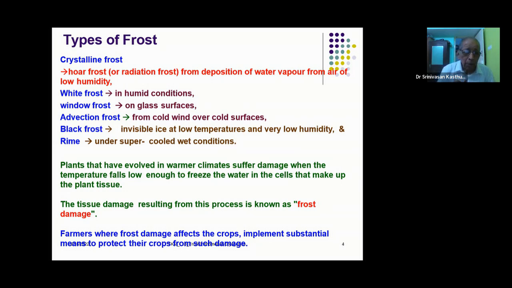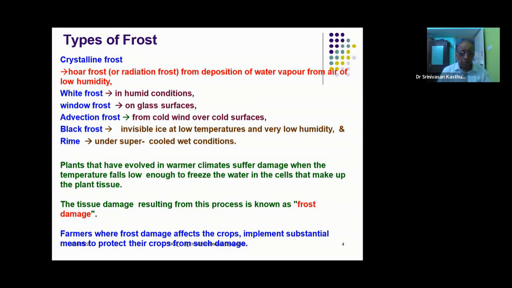Window frost happens on glass surfaces, on glass windows. You have different temperature conditions, and depending upon the surface temperature of the glass, you get window frost. Then you have what is called advection frost. It is because of the cold wind blowing over cold surfaces. The black frost is normally invisible.